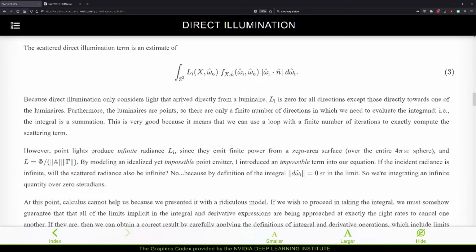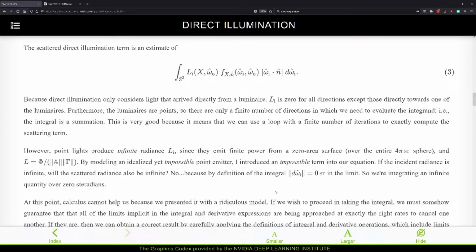Because we assume a point source, i.e. zero surface area, our radiance of that point light is infinite, but it doesn't matter because the steradians come up again, and it's like, how did that work again? I don't quite remember. So we have the magnitude of delta omega hat 0.